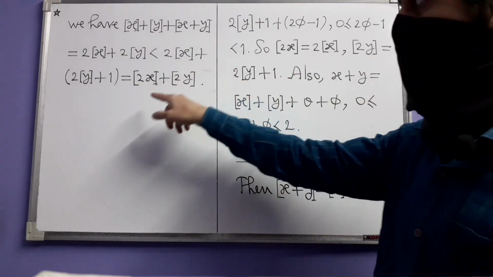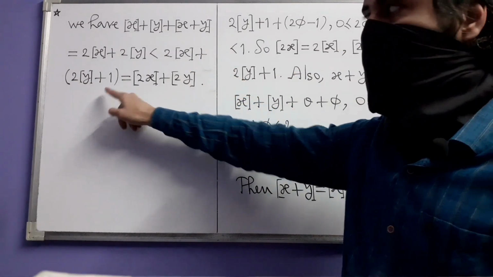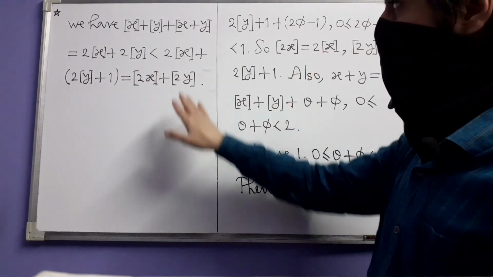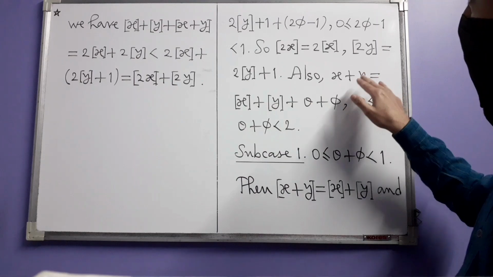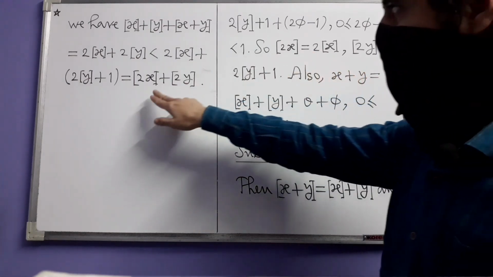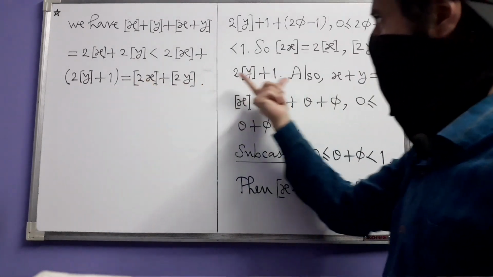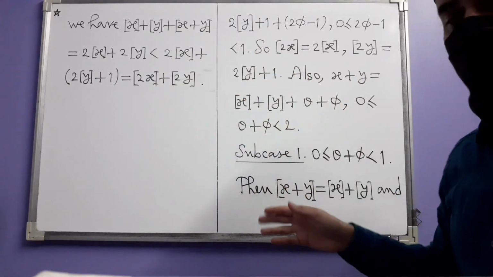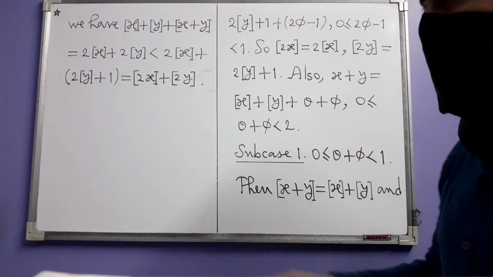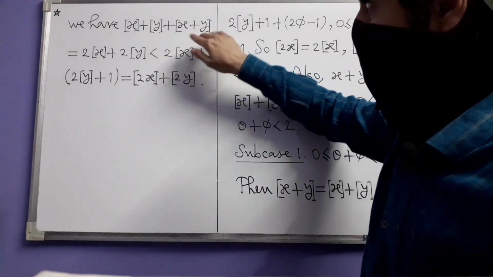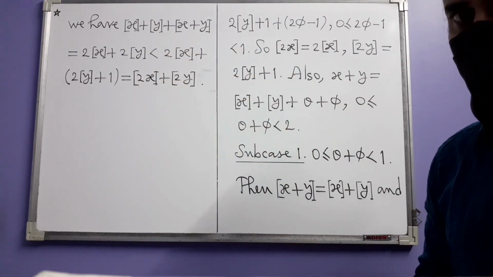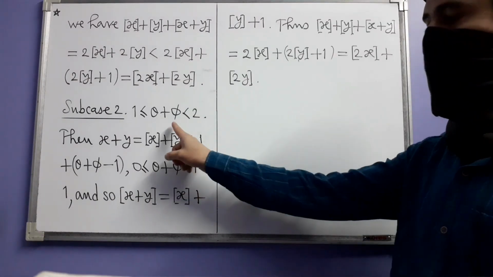So we need to add 1 extra, and because of that we get an inequality because this is going to be larger. This part is box 2x, and this part is box 2y. So in this subcase, within this case, this is less than this, but still we are getting that inequality.